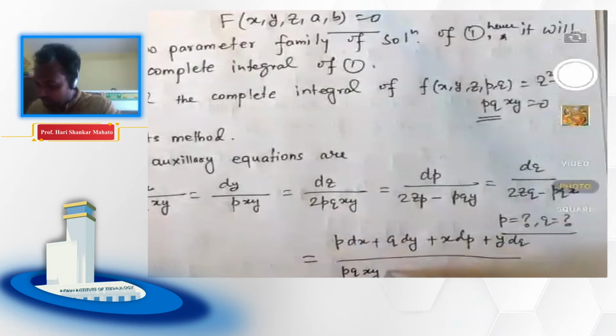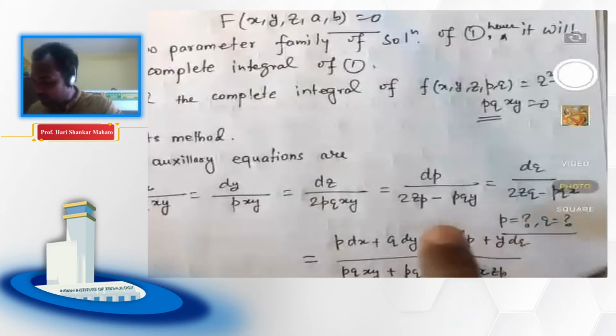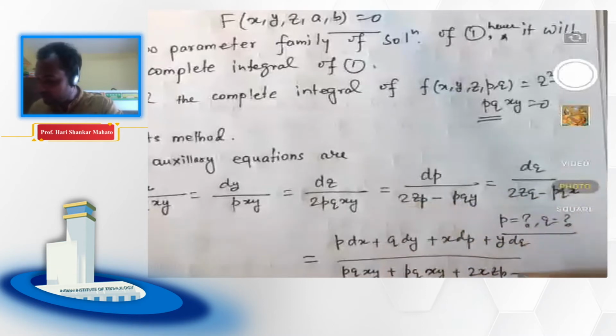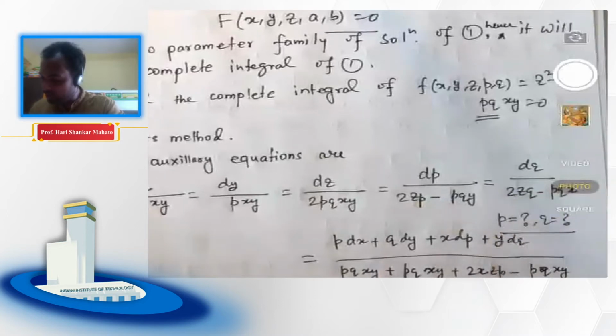Then we have q dy, so this is pqxy. Then we have x dp, so that means 2xzp minus pqxy. And then this one we are multiplying by y, so this is 2yzq minus pqxy.